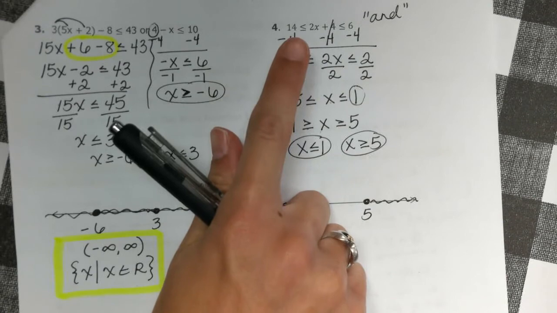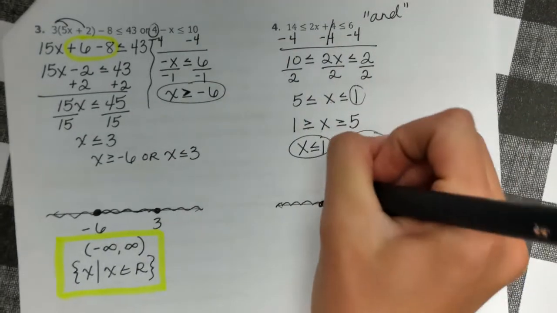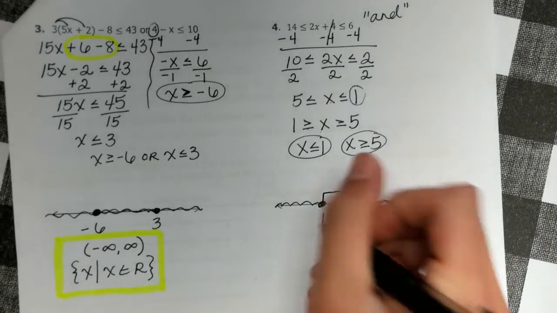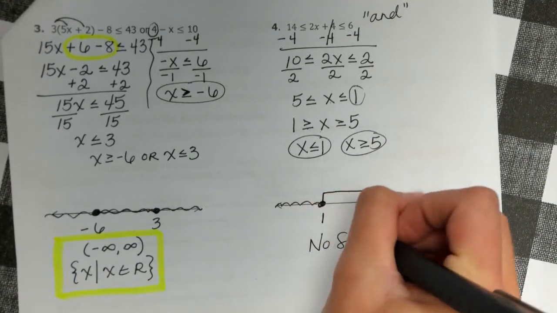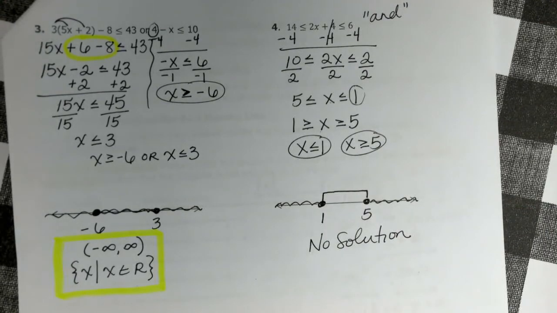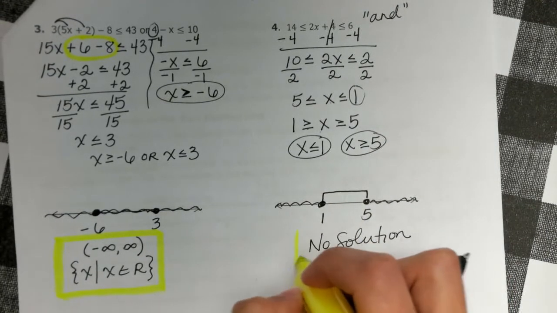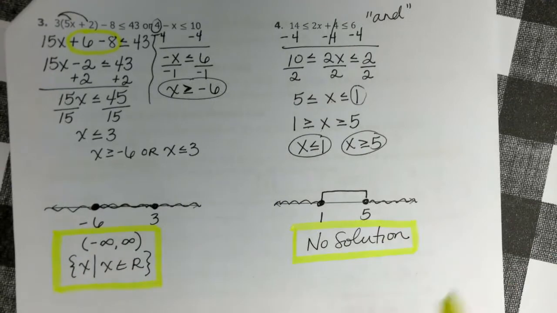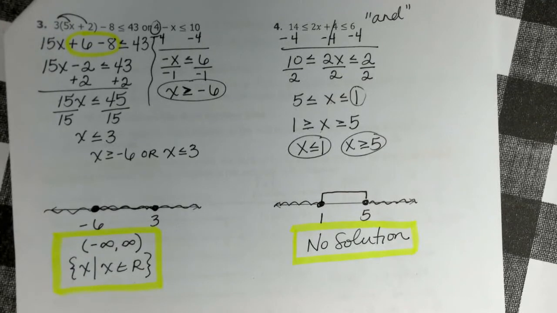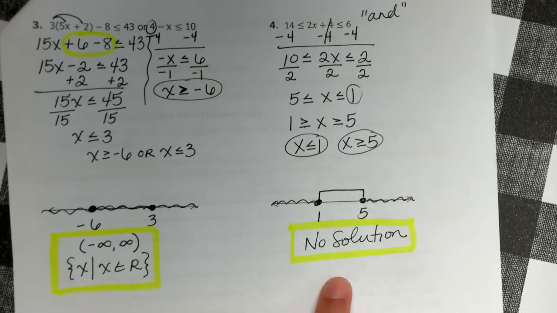An and should be overlapping in the middle, right? Is anything in the middle of 1 and 5? No, that's no solution. So if you don't know what type of inequality you're working on, you don't know what the graph looks like, you can't always self-check on whether this is a special case or not. Okay? Y'all understand those two special cases?